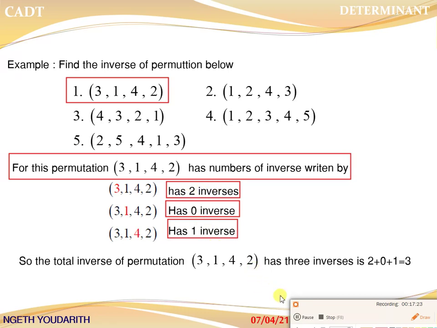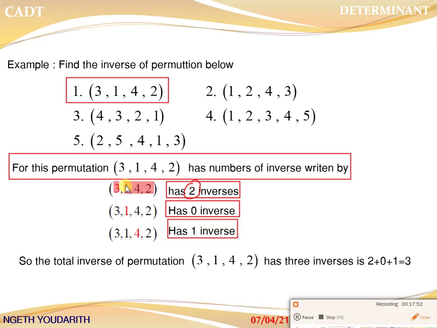This one is 2 inversions. Why does it get 2 inversions? Because when we count from the right, the next of number 3, we get number 1, number 4, and number 2. Number 3 is the first, the leading number.